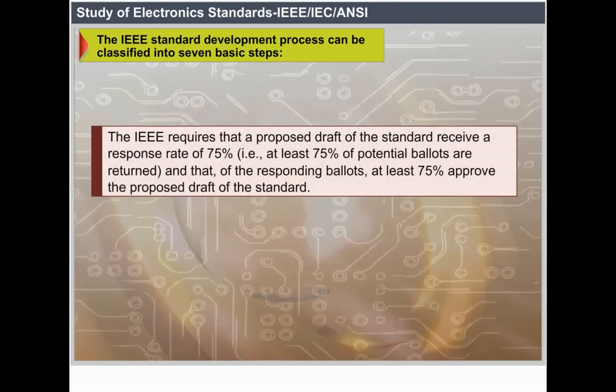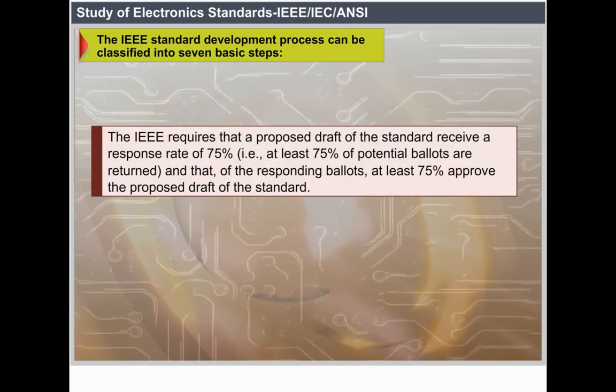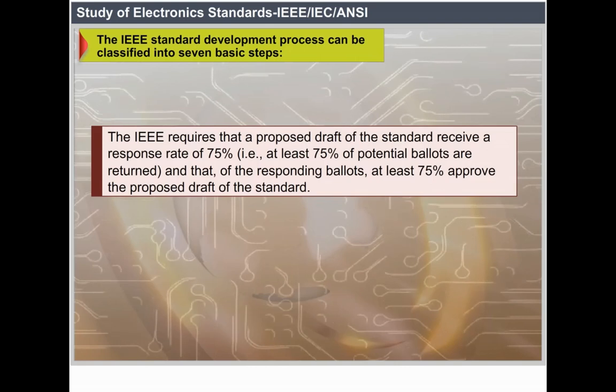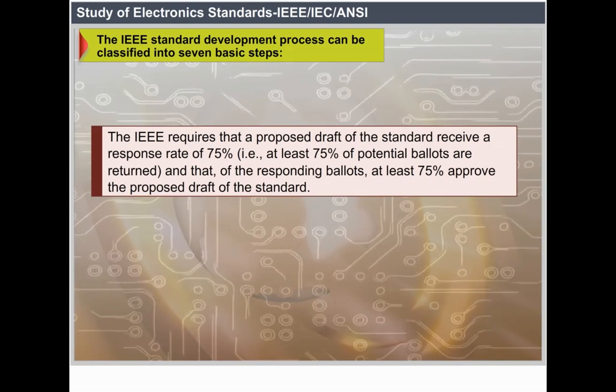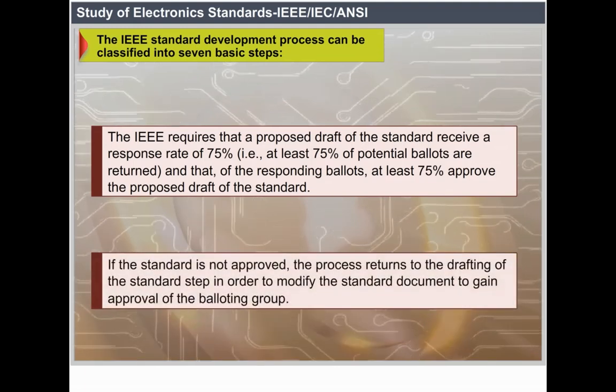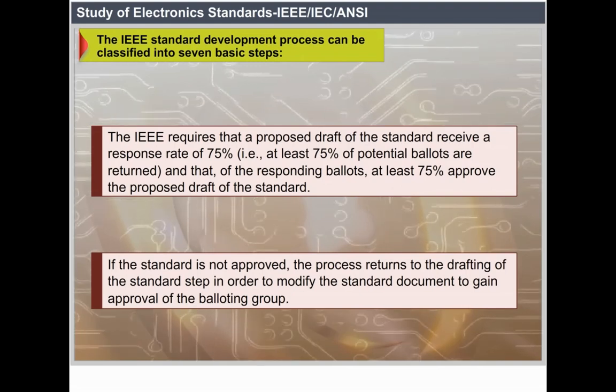The IEEE requires that a proposed draft of the standard receives a response rate of 75%, that is, at least 75% of the potential ballots are returned, and that of the responding ballots, at least 75% approve the proposed draft of the standard. If the standard is not approved, the process returns to the drafting of the standard step in order to modify the standard document to gain approval of the balloting group.